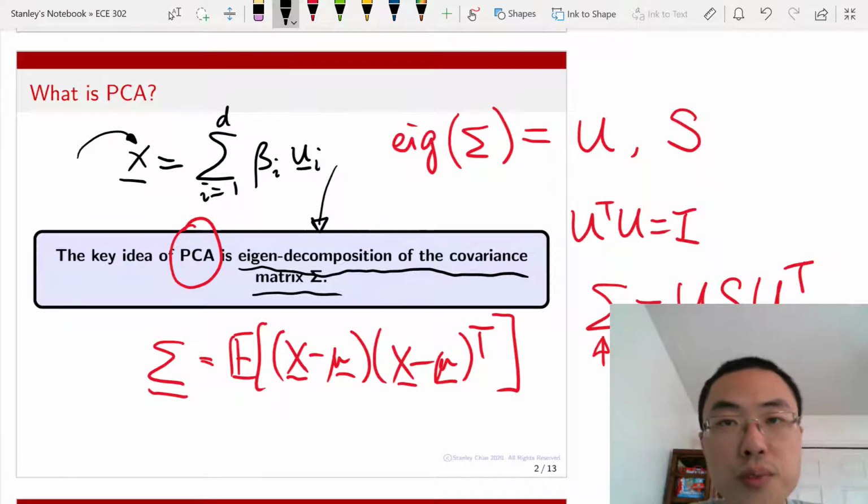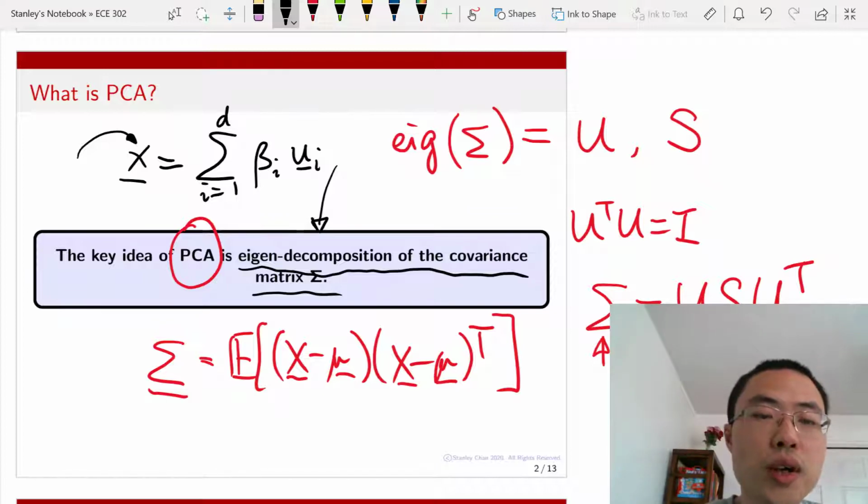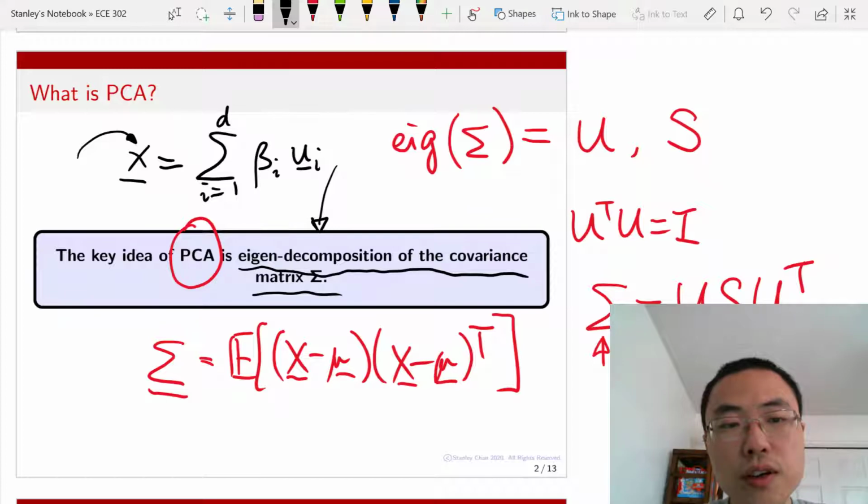These are what people call the basis vectors. So you're doing a decomposition of the signal into bases.